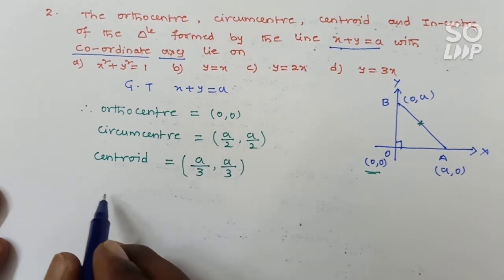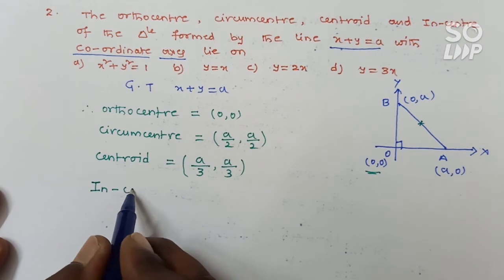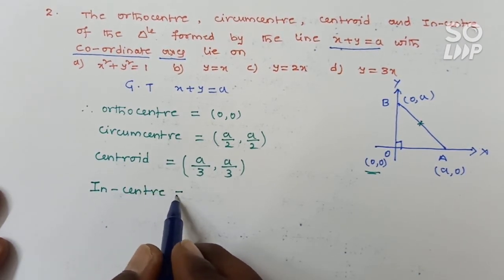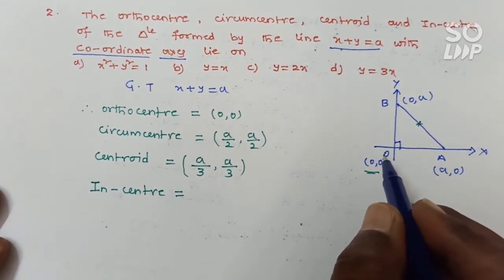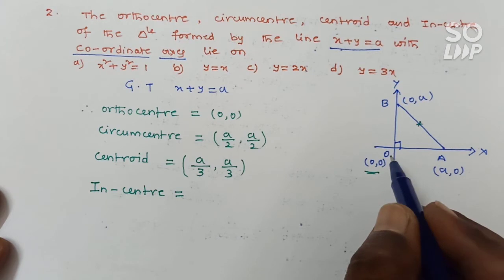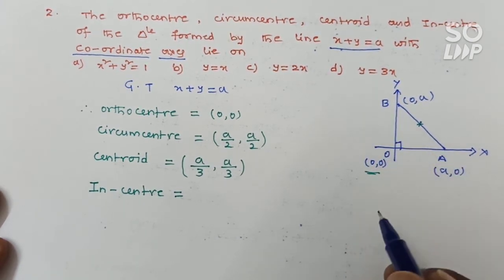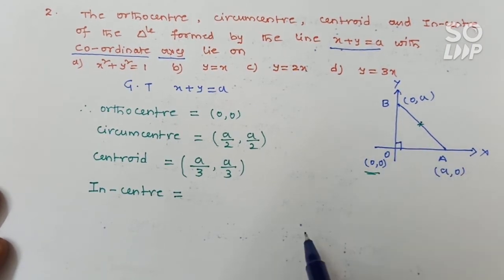And next the incenter. Already we know that in any type of triangle, if we know the x-intercept and y-intercept, here the x-intercept is a and the y-intercept is also a.